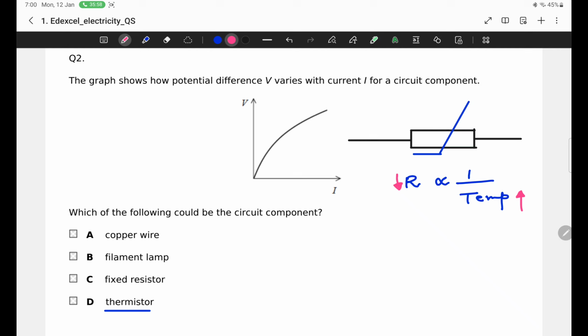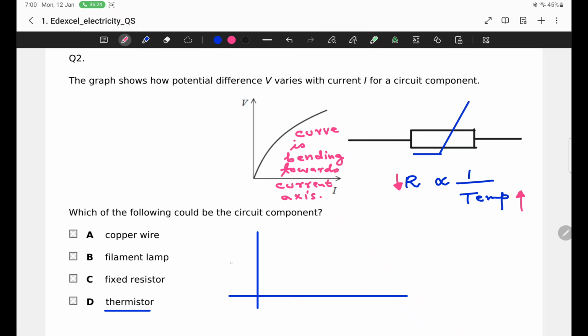And if resistance decreases, then you can see the graph is a curve, and this curve is bending towards the current axis. This is the reverse graph of filament lamp, because in filament lamp the graph turns away from the current axis.